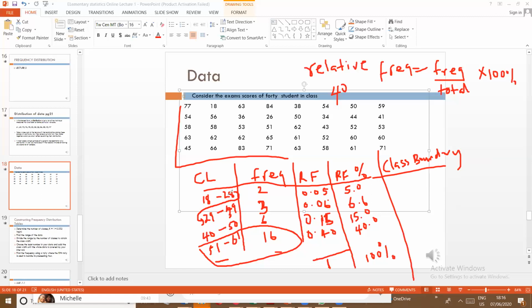So if you want the upper boundary for this class, that upper boundary is the same as the lower boundary for the next class. The upper boundary for this class is going to be 28 plus 29, that is halfway between the two, 28 plus 29 over 2, which is 28.5.